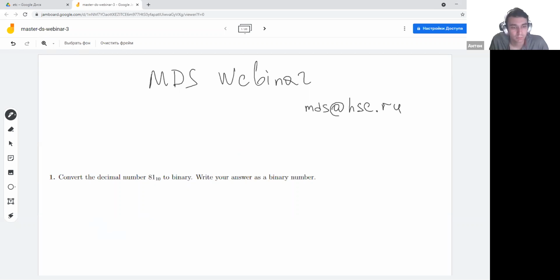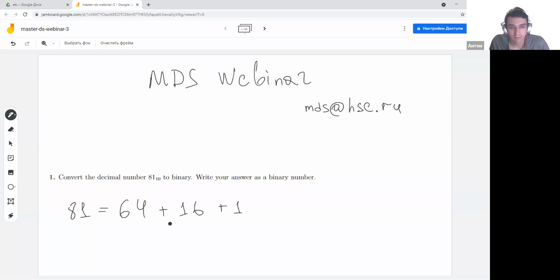For example, personally, I prefer this way. So I know that 81 is, let's think, what is the largest power of 2 which is less or equal than 81? It seems to be 64. And yeah, so 81 is 64 plus 16 plus 1.